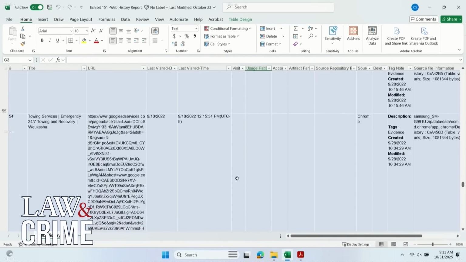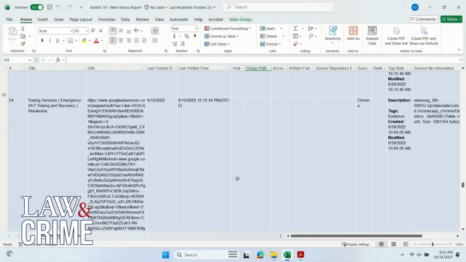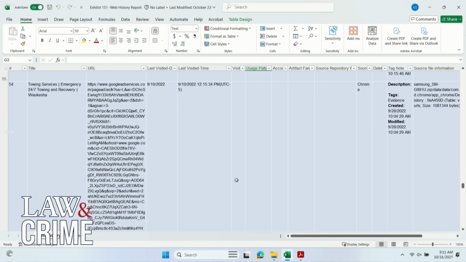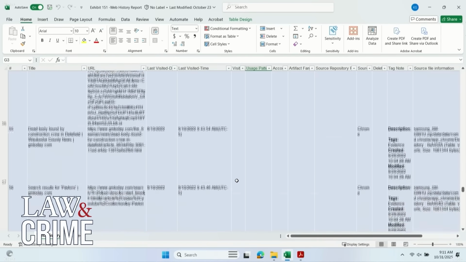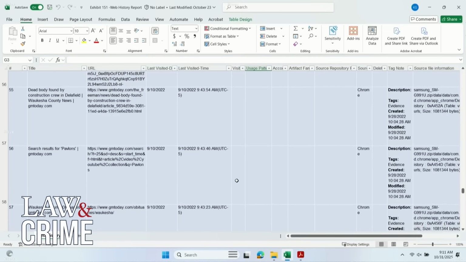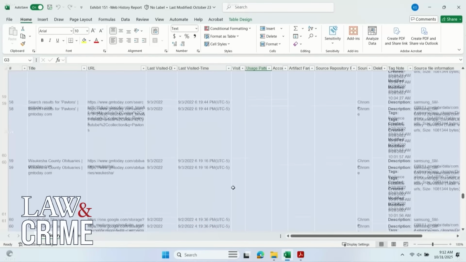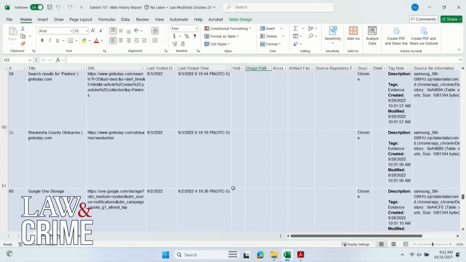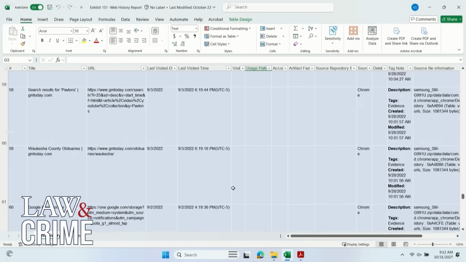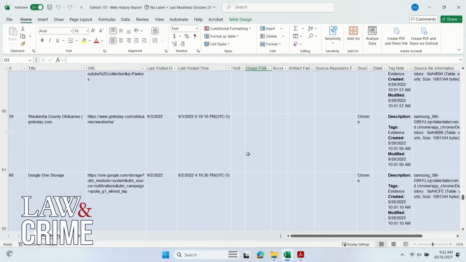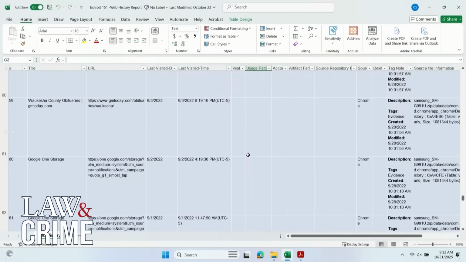Correct? September 10th, well, there's a search for a towing service on the 10th. Yes, there is. Okay. Did that have any relevance to your investigation, sir? No. Okay. September 10th, same search terms. Correct? Okay, now we're on row 58. We're on the date of September 3, 2022, correct? Same search terms. Yes.